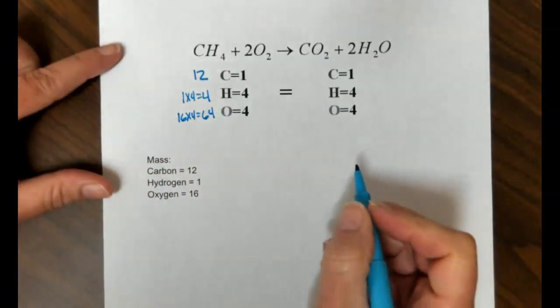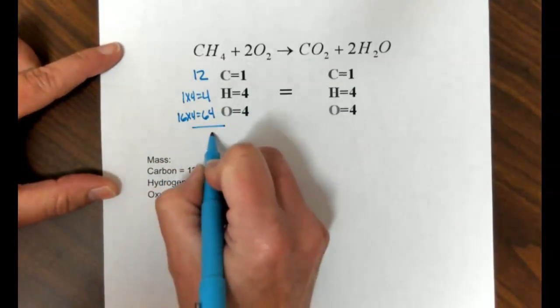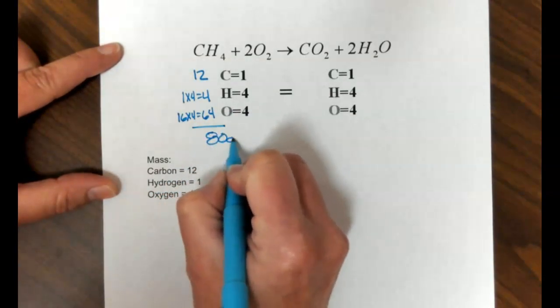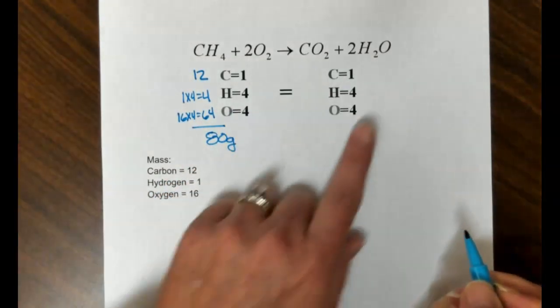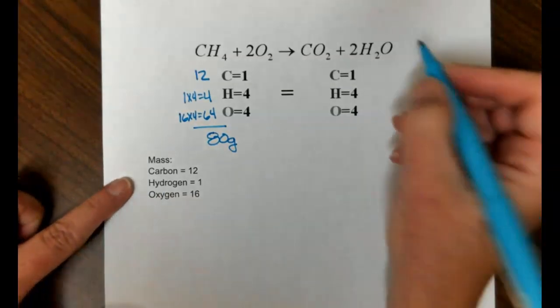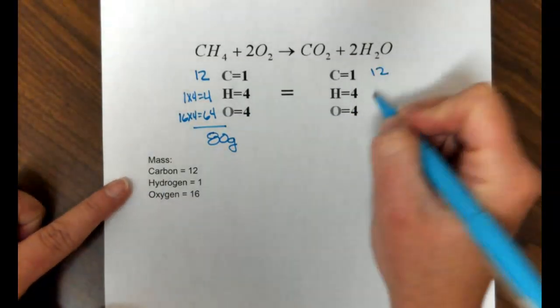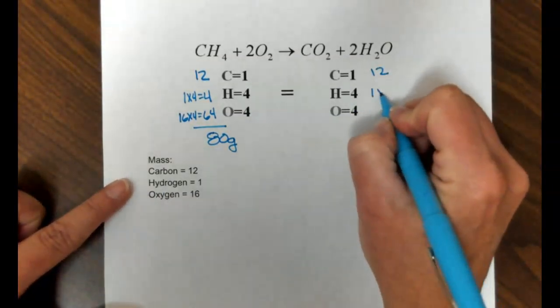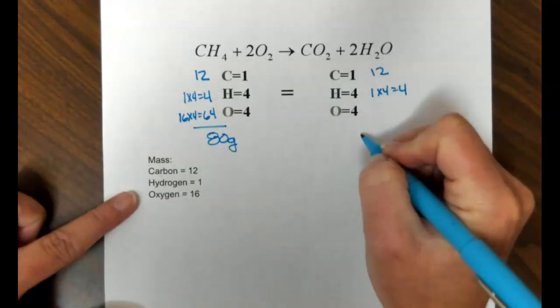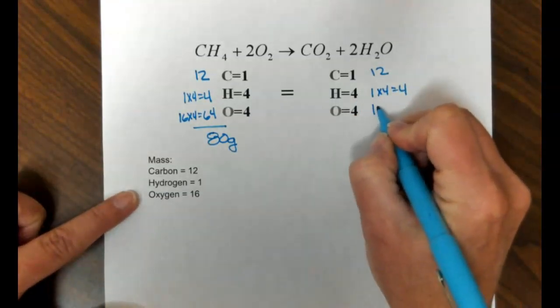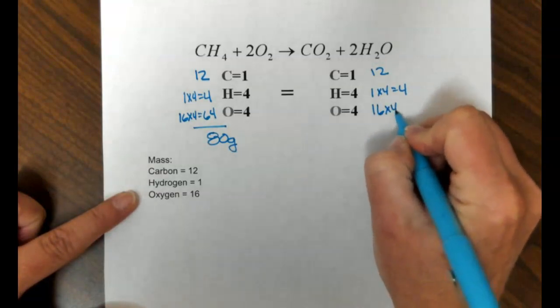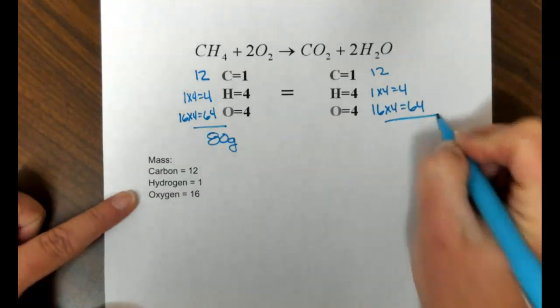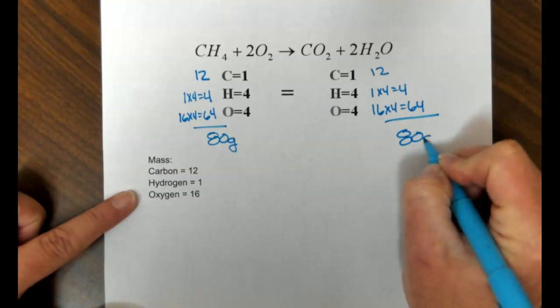If I add these up, we get a total of 80. Now let's compare this to our product side. Carbon, I have 12. Hydrogen, I have 4. And oxygen, I have mass of 16 times 4. Total is 80 grams.